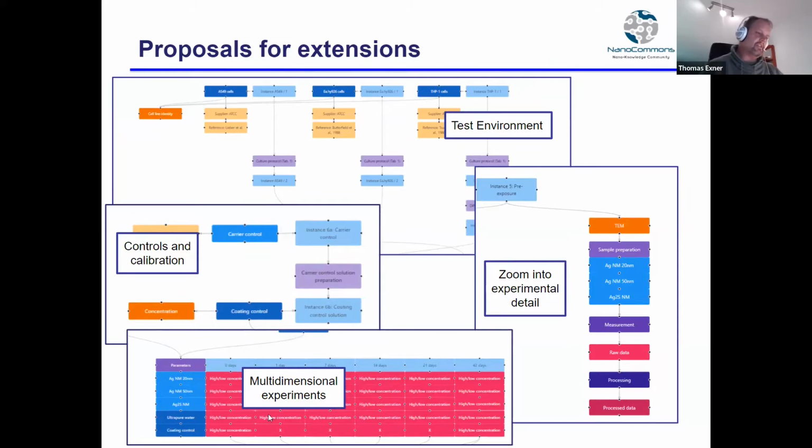This was an idea of these multi-dimensional experiments, where you have time, concentration, and different nanoparticles, which you could do all as separate instance maps, but then it's quite hard to see the overview. I think it's important that when you do the same thing with different nanoparticles, you can see that in one instance map and don't have twice the same instance map where the only difference is the nanoparticle you're using.